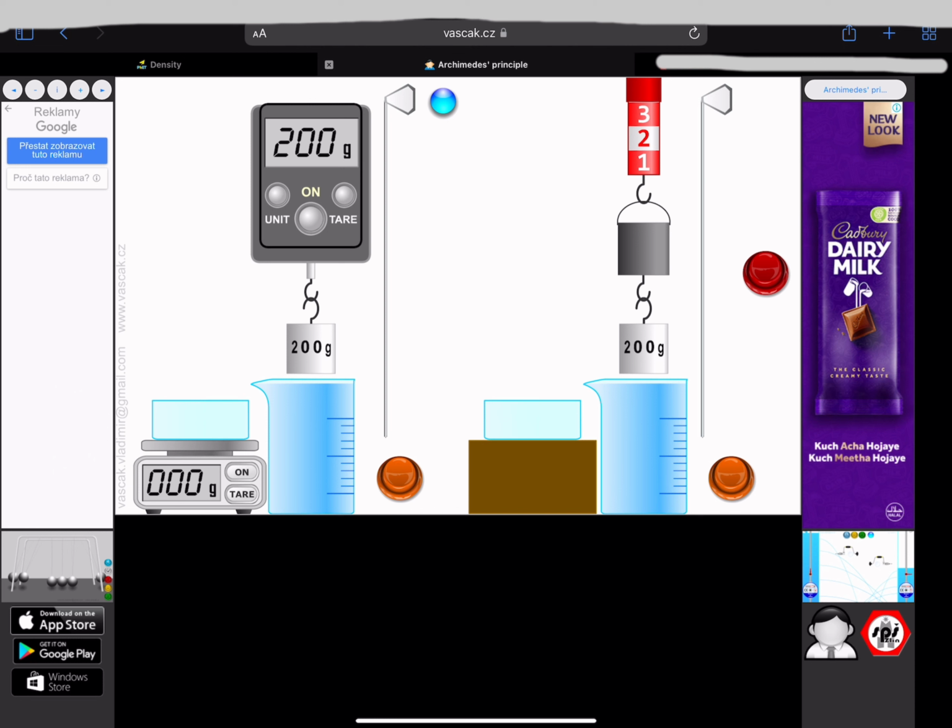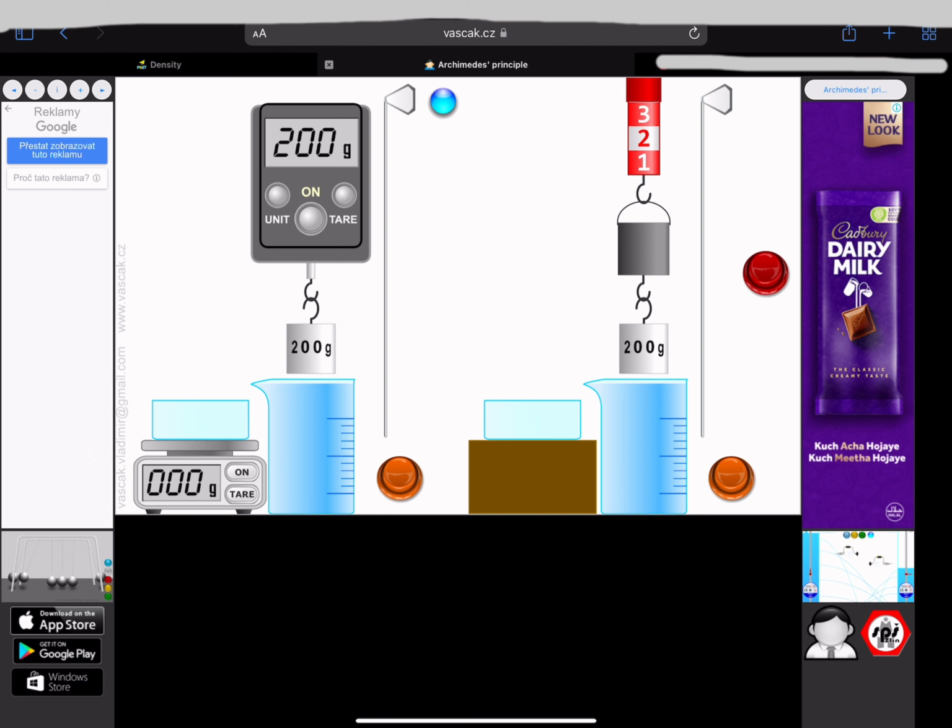Here we have another animation simulation, and this simulation is explaining the Archimedes principle. What we have studied is that when a mass of, suppose in this case 200 gram, is hanging with the spring balance, the spring balance shows a particular value.